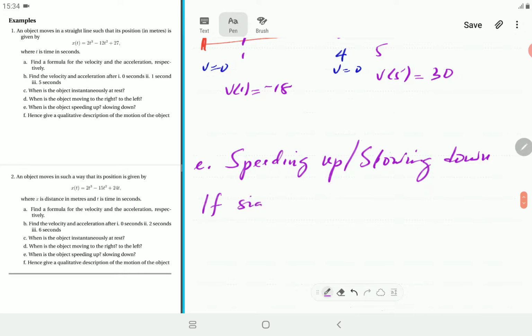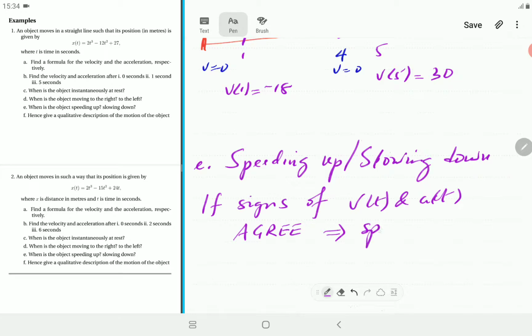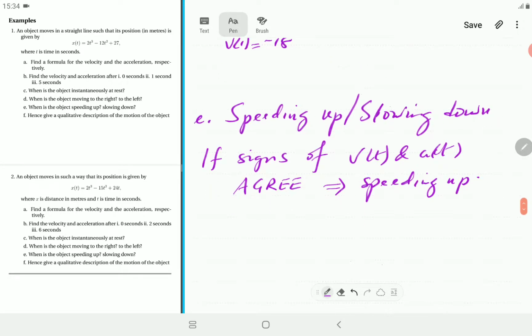If the signs of the velocity and acceleration agree, so that means either they are both positive or they are both negative, then we have speeding up, because they are working in the same direction.